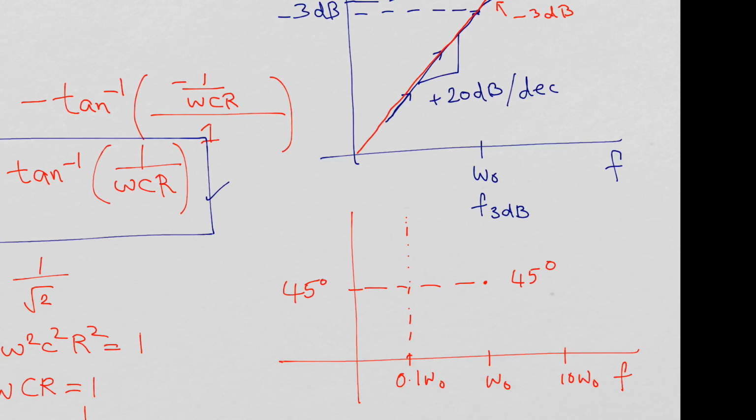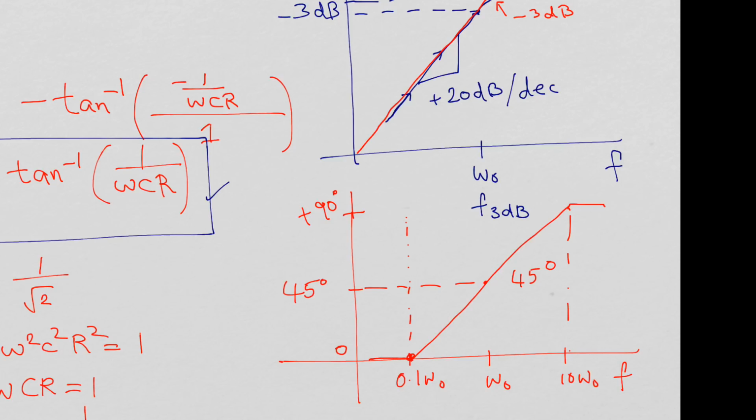At 0.1 omega naught you can approximate it to 0, and at 10 omega naught you can approximate it to plus 90 degrees. We will take an example later and look at this. So the phase, you draw it like this.